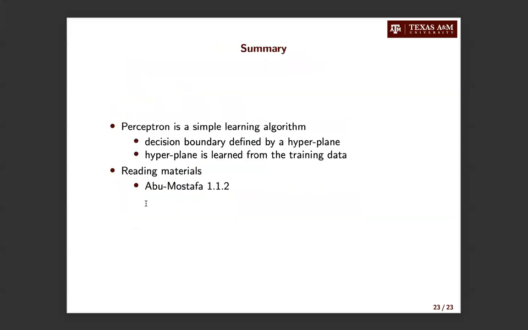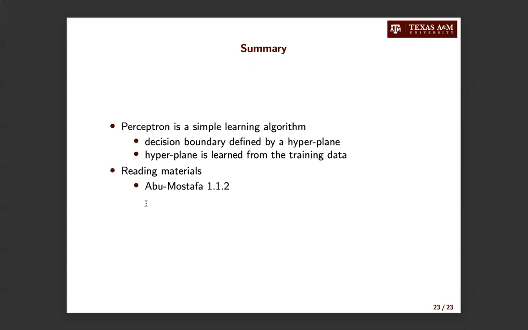So to summarize, we learned about the linear perceptron, which is a very simple learning algorithm that assumes a hyperplane which separates our multi-dimensional space into two classes. We said that whatever is on one side of the hyperplane will belong to the positive class, and whatever is on the other side of the hyperplane will belong to the negative class.